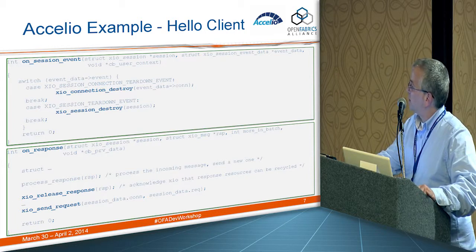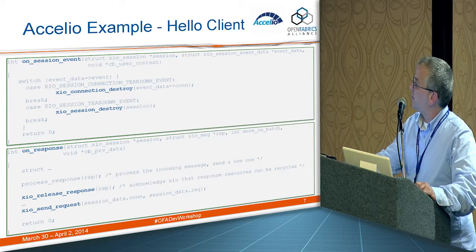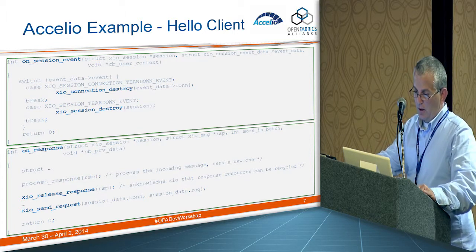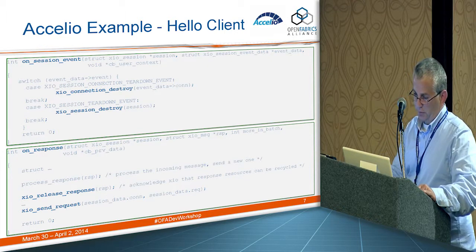Again, the API is asynchronous, so you can issue multiple requests and multiple responses. This is just an example of one message ping pong, and of course, it's a very simplistic way.